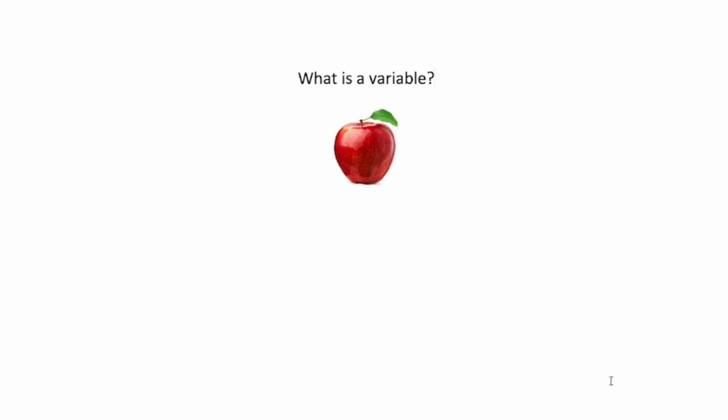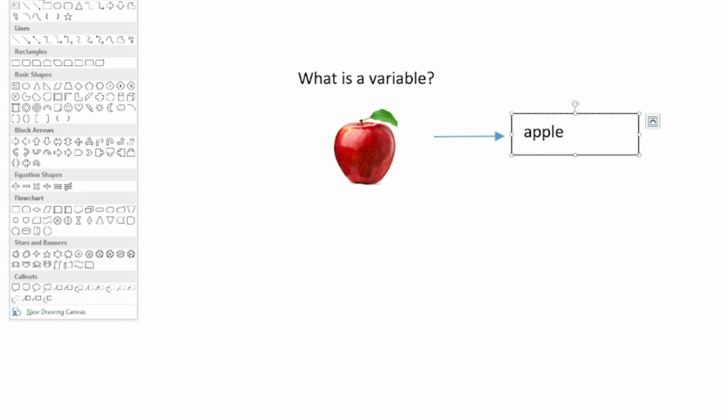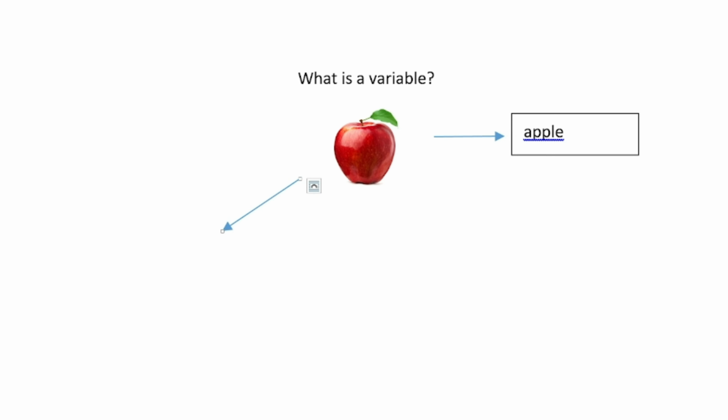So here we have an apple. What is apple? Apple is a fruit. So variable means something is attributed to a part of something. For example, in this case, fruit is an apple. How do we think about variables?